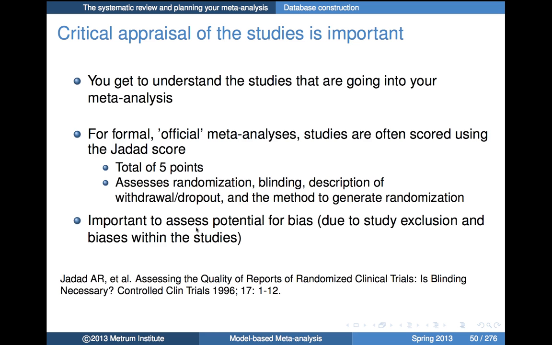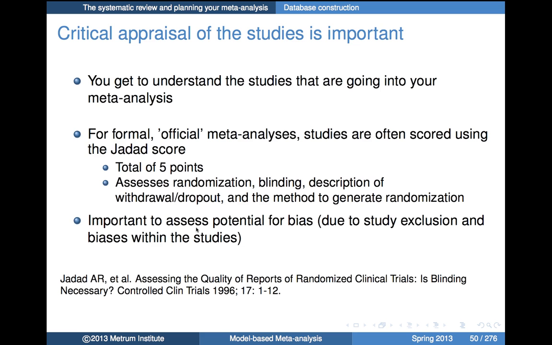Occasionally, in the process of performing a meta-analysis, we'll give scores to each of the trials that we're including. One type of those scores is called Haddad scores. The original reference for the Haddad score is provided there at the bottom of the slide.